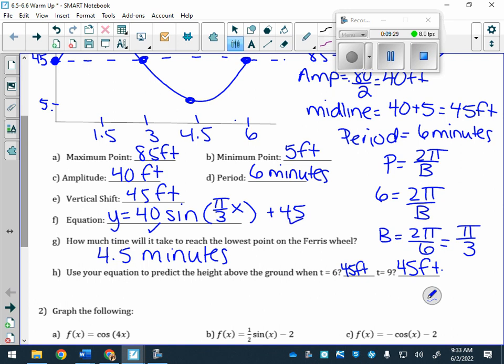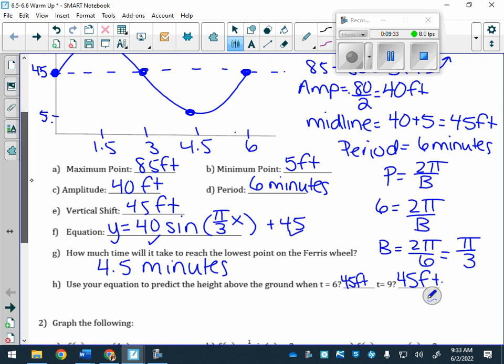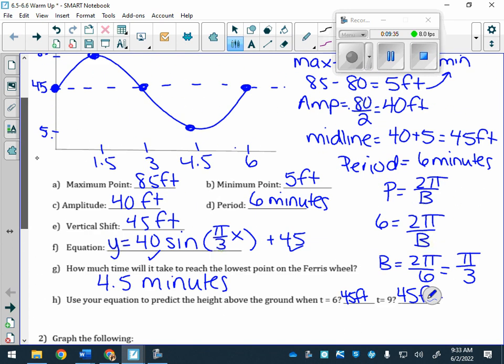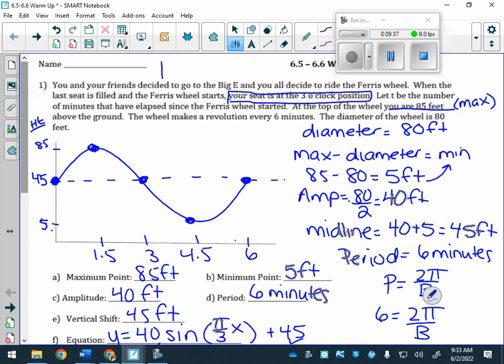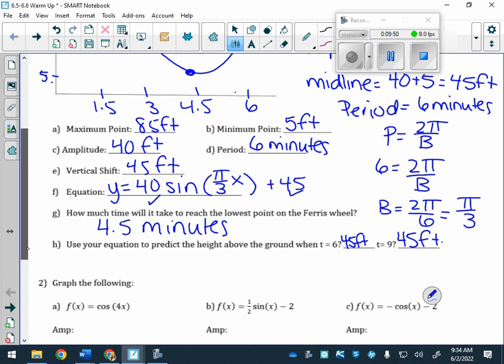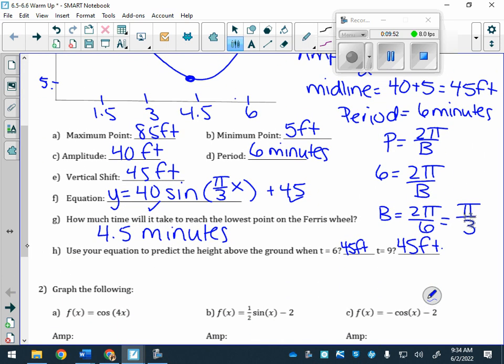Finding the B value. Okay. If you need to, you could rewrite and say, if I need to find the B value, it's 2 pi over the period. Okay, that's your other equation you could use, which you end up finding anyway. Any questions about number 1?